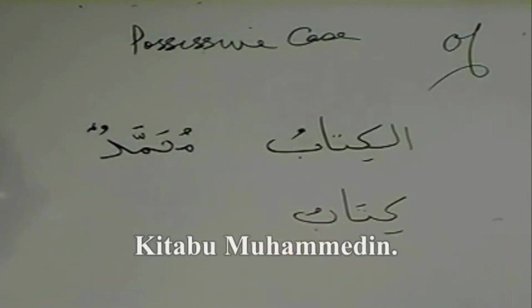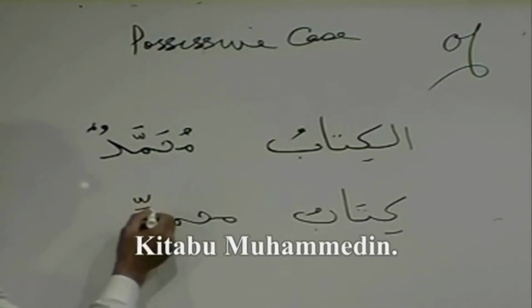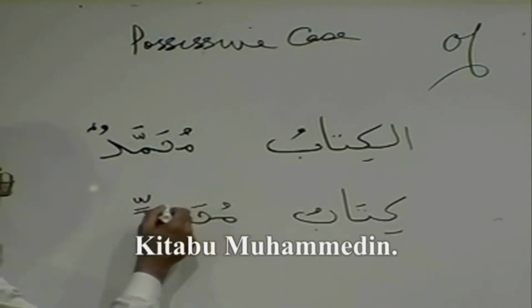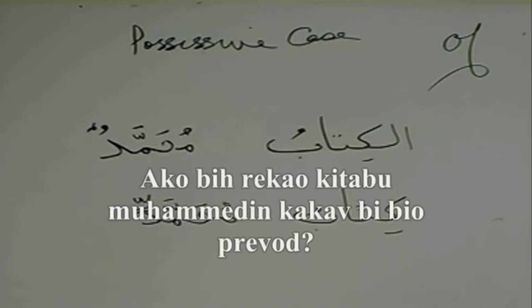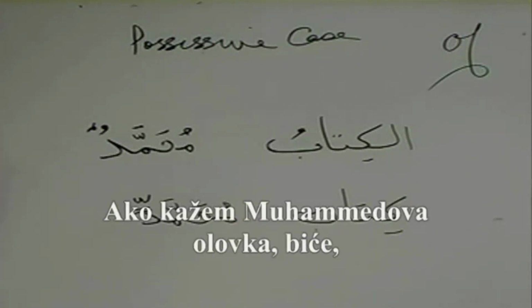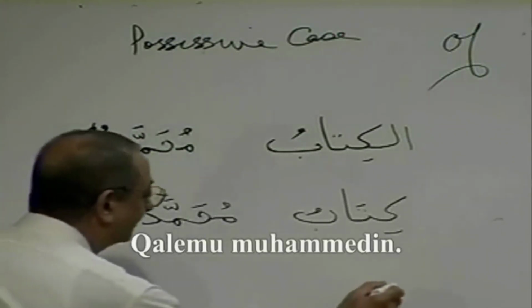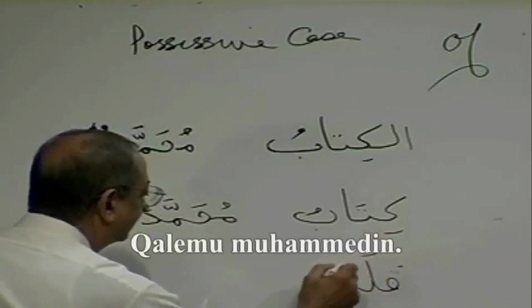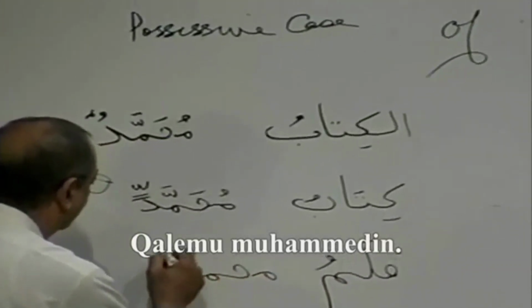Kitabu Muhammadin. If I say Kitabu Muhammadin, what is the translation? Kitab of Muhammad. Book of Muhammad. Got the idea? Fine. If I say pen of Muhammad, kalamu Muhammadin.